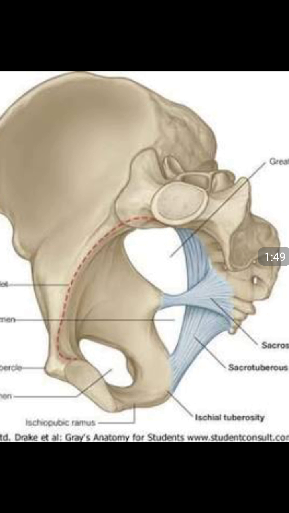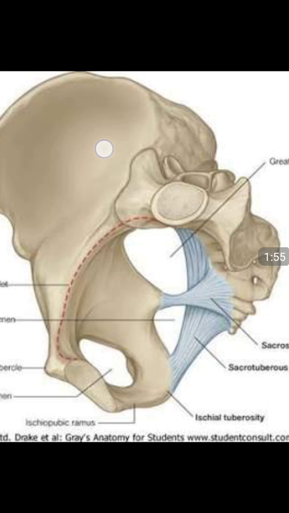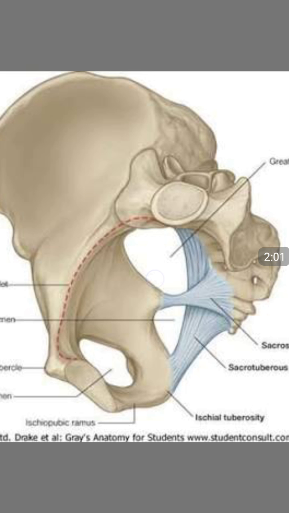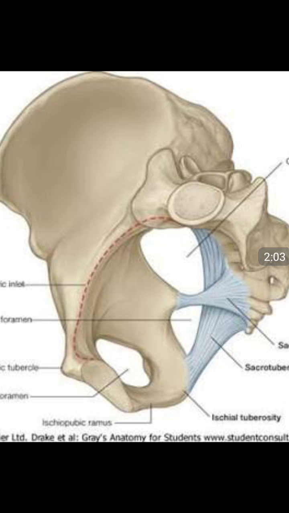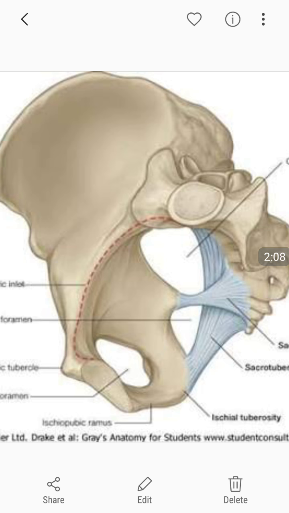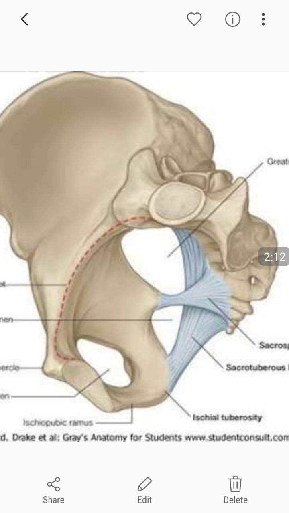Here you are looking at the structure from the medial aspect. Here is the iliac fossa of the ilium, and here we have the spinous process. This is the greater sciatic notch, this is the lesser sciatic notch. This is the sacrum, the anterior surface of the sacrum. So you are looking at these two ligaments from different angles.